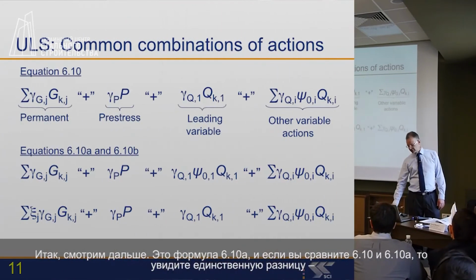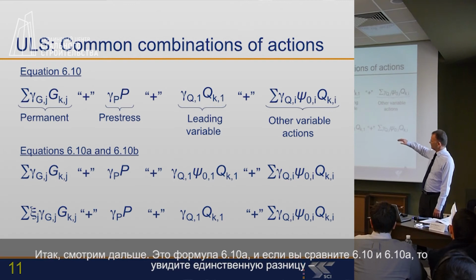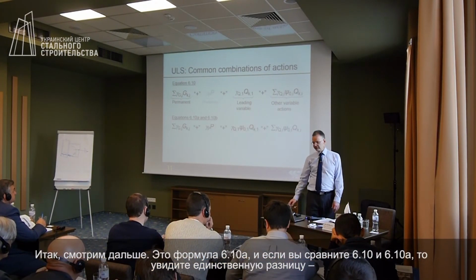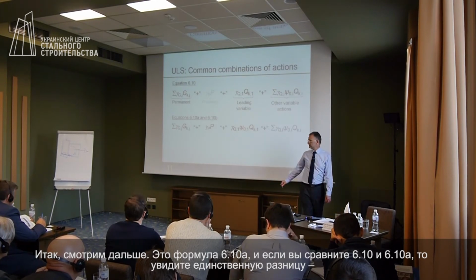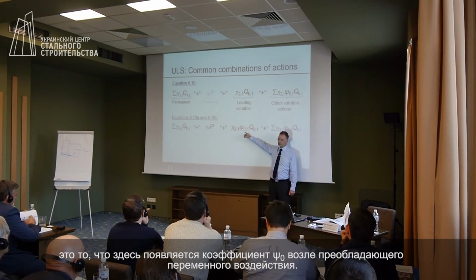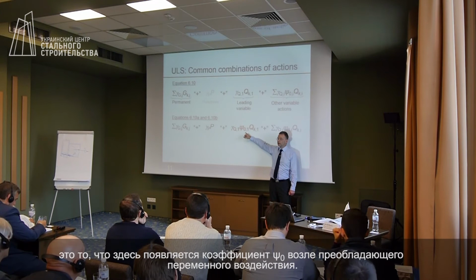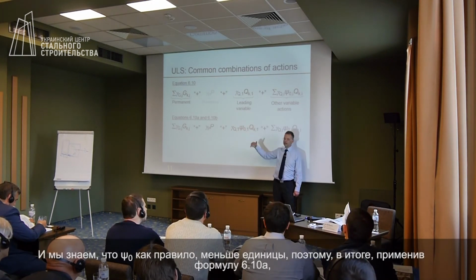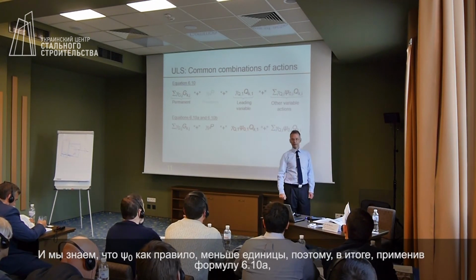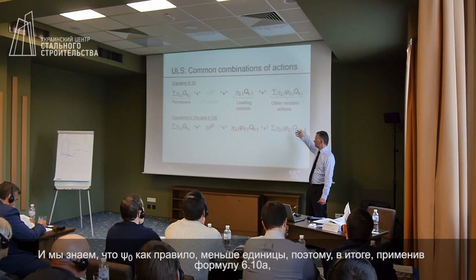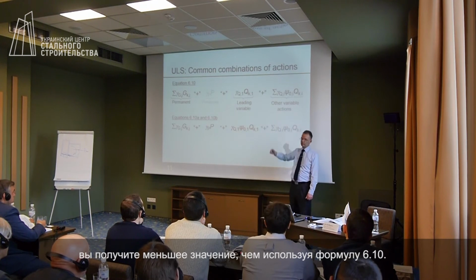Now, this is expression 610A, and as you compare and contrast 610 with 610A, you'll notice that the only difference is that we now have a psi naught on the leading variable action. And psi naught is less than 1, generally. So that the answer that you get from 610A is generally reduced compared to 610.